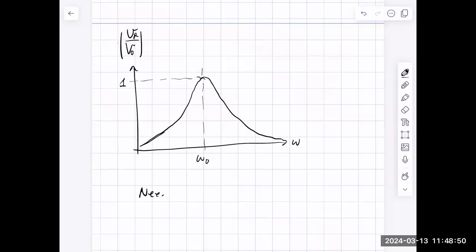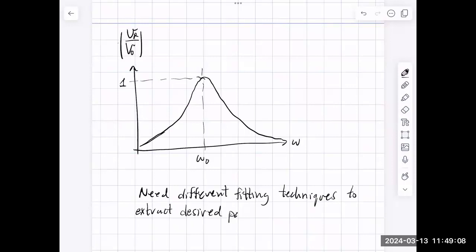We need different fitting techniques to extract the desired parameters from non-linear data sets. And that's what we'll start to do on Friday.